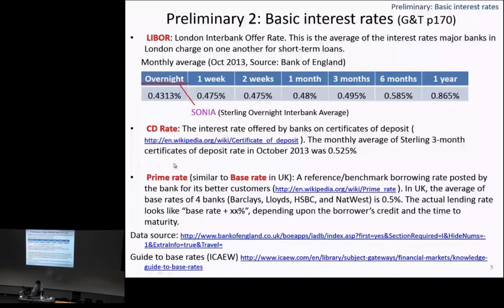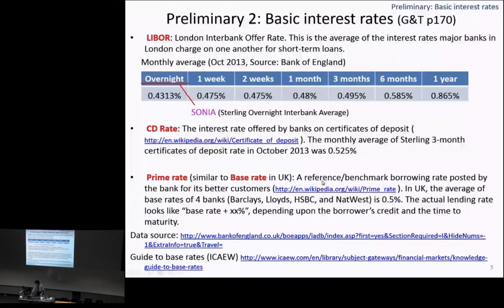Okay, prime rate. Prime rate for US banks is a reference rate posted by them for their prime customers. So the prime rate posted by Bank of America is the interest rate at which Bank of America lends to their prime customers, the best, most trustworthy companies, Coca-Cola, McDonald's, whatever.